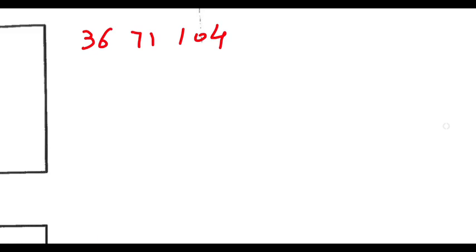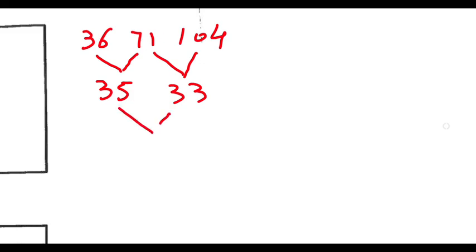Now, first difference, 71 minus 36, that will be 35. And then 104 minus 71, that will be 33. And the second difference will be negative 2.